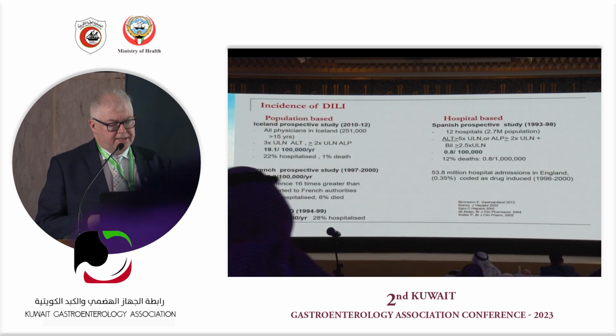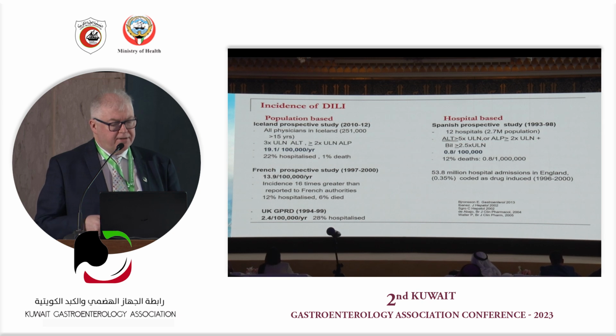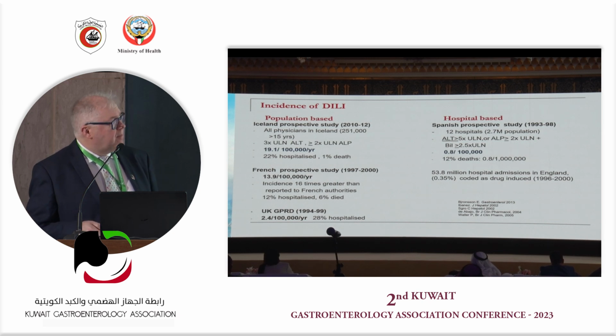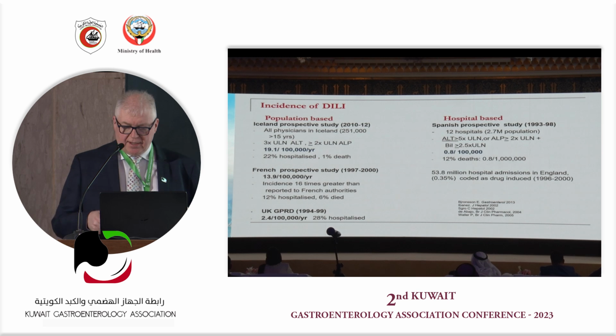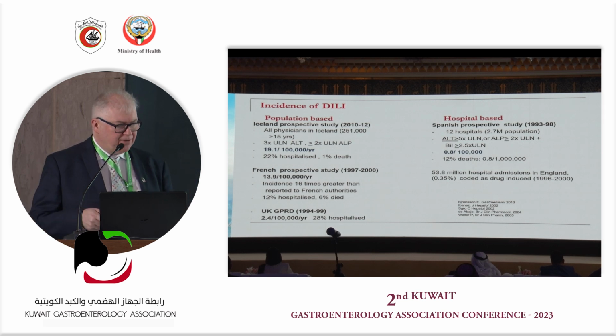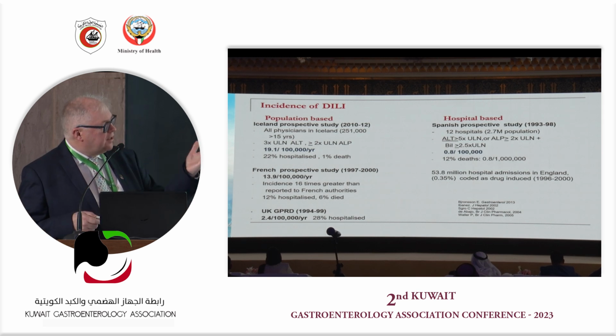So how common is DILI? Well, in population-based studies, it varies. It varies from Iceland, where it is very high. But remember, Iceland has a very discrete population, doesn't have a great degree of immigration. People don't follow the ice particularly, they follow the sun. So the population is very homogeneous.